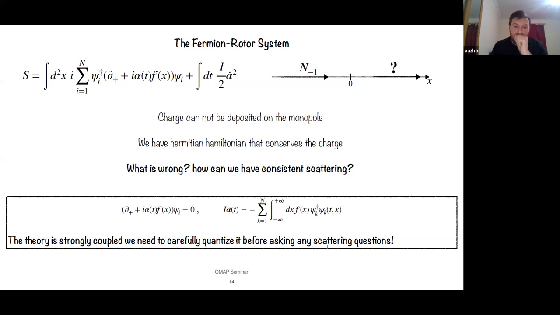That will be my strategy: to consistently quantize this theory and see what the one-particle states are. Of course, when you have a strongly coupled theory, it is always very hard to figure out what's going on. But here there is a very big simplification.